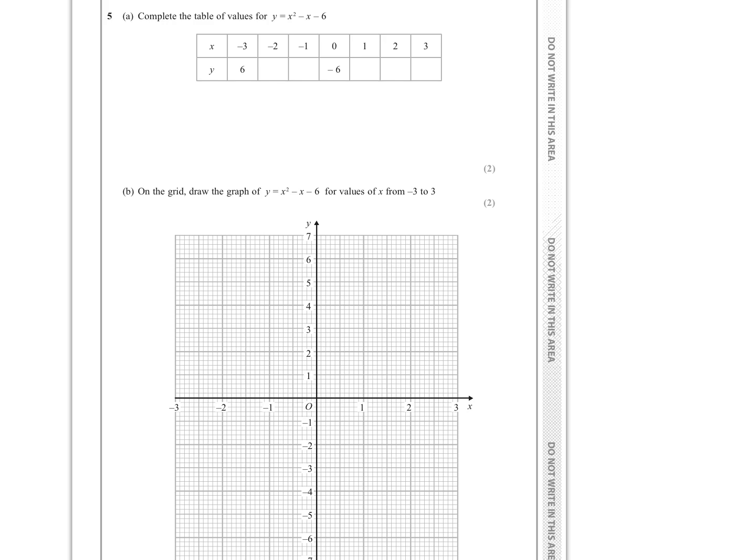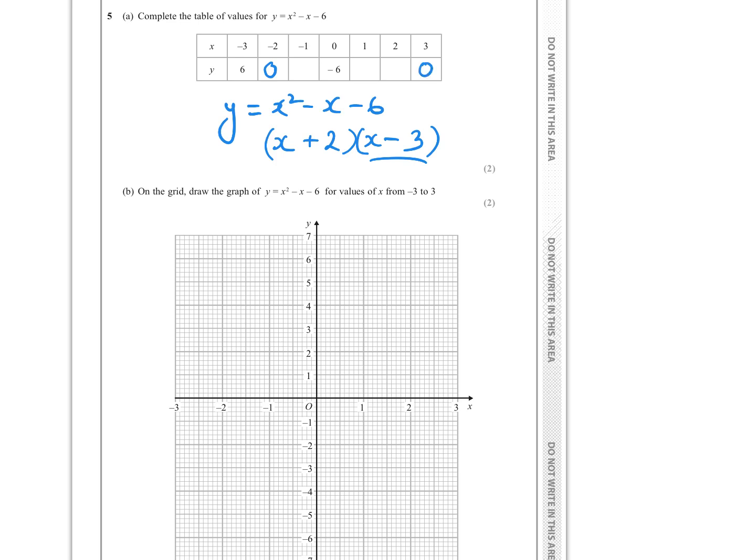Question 5, we have to complete the table of values for y equals x squared minus x minus 6. And I've noticed here that this can factorise. You may not notice that, it doesn't really matter. So 3 and 2, start with a minus and just add 2. So I know that when x is negative 2, we're going to have 0, and when x is 3, we're also going to have 0.